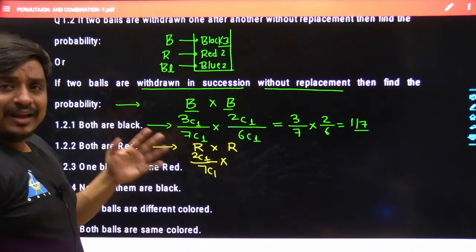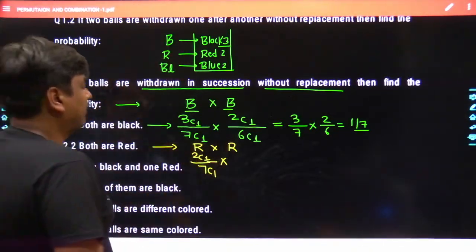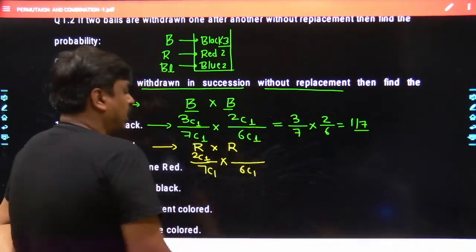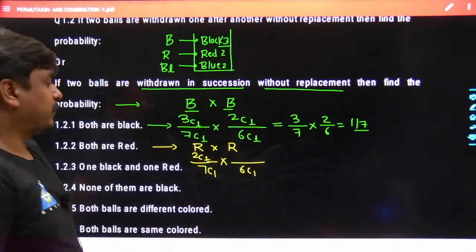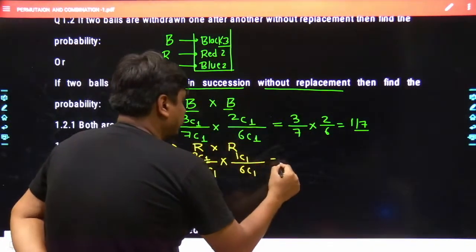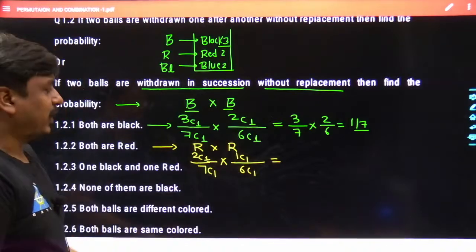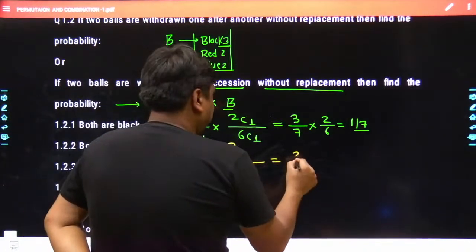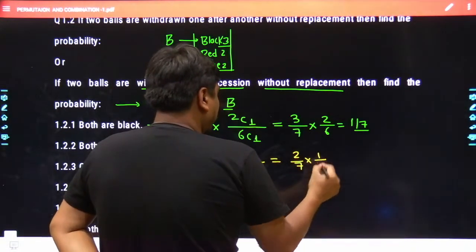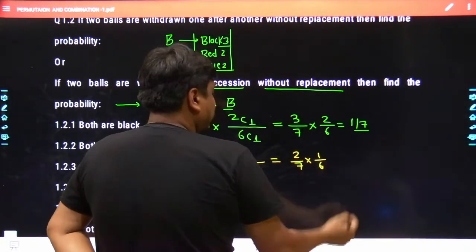And as the red ball has been discarded, the number of balls left within your box has been reduced to 6. Again, you are going to withdraw 1 ball out of it. And how many red balls have been left out? Only 1 red ball. And once you multiply this together, 2C1 would stand for 2, 7C1 would stand for 7, 1C1 would stand for 1, and 6C1 would stand for 6.